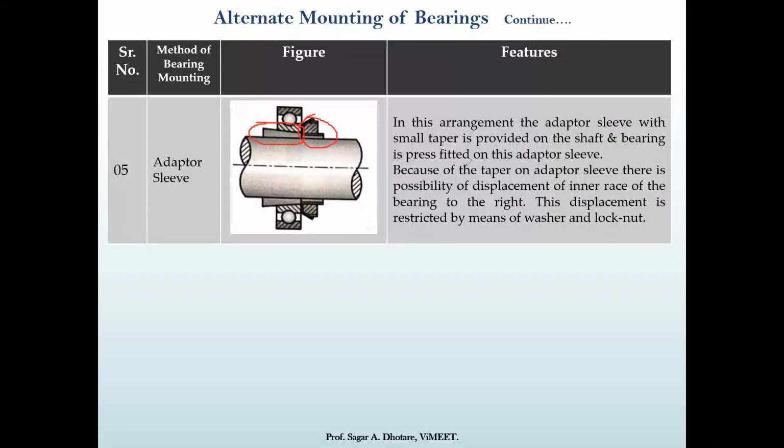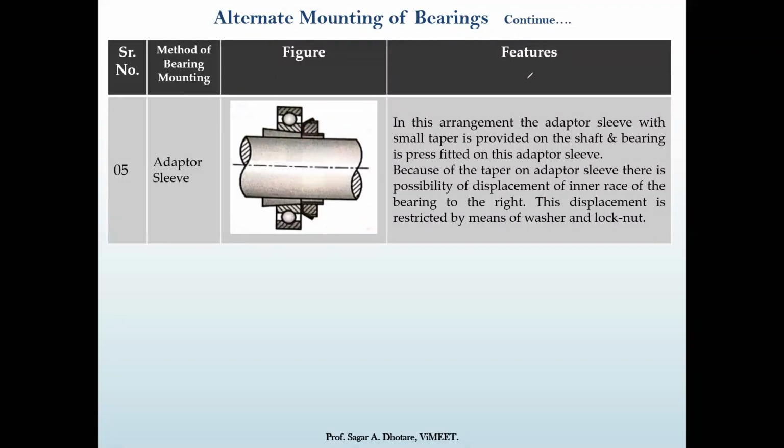An adapter, which has a small taper, is provided on the shaft, and the bearing is press fitted on this adapter sleeve. Because of the taper on the adapter sleeve, there is a possibility of displacement of the inner race. That is a disadvantage of this arrangement, and it moves in the rightward direction.